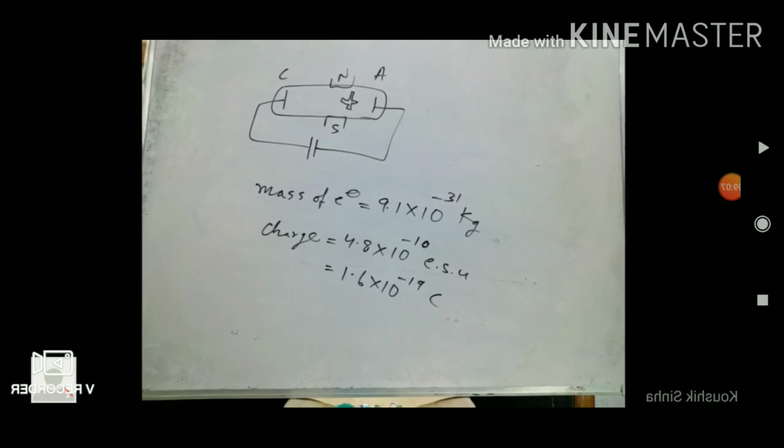A circular fluorescent screen coated with ZnS was placed around the foil to detect the deflection suffered by the alpha particles.